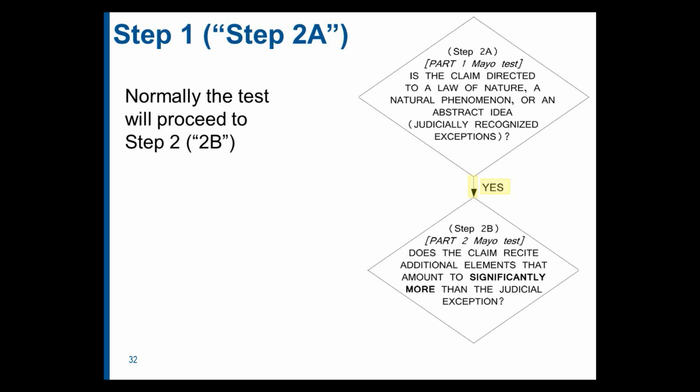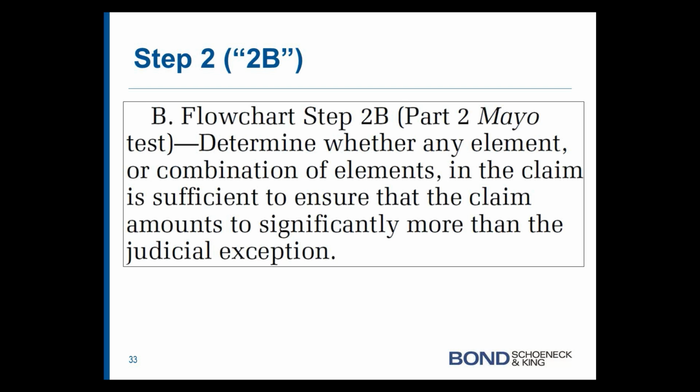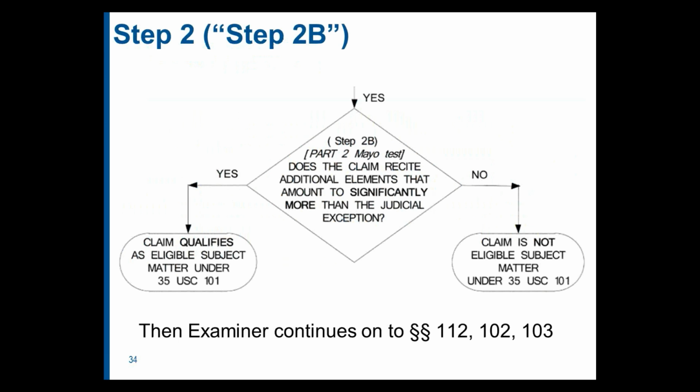Now that's what we've been referring to as prong 2. They call it step 2B. And that's whether the claim recites elements that amount to, quote, significantly more than the abstract idea. And as part of that test, it can either qualify as eligible subject matter under 101 if the claim adds something more, or it will not qualify if the examiner determines that the claim as a whole does not amount to significantly more.